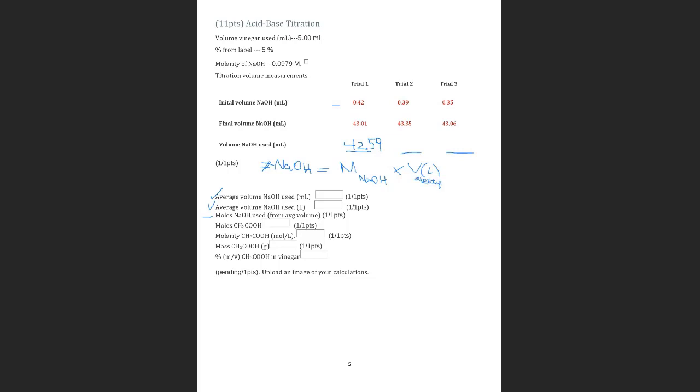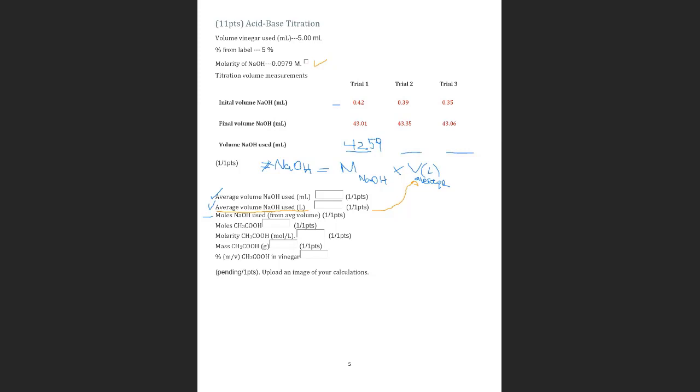So we are going to use the average volume in liters. The molarity of sodium hydroxide is given somewhere, right? It's this one, 0.0979. So with all that information, times the average volume, we are going to obtain the number of moles of sodium hydroxide.